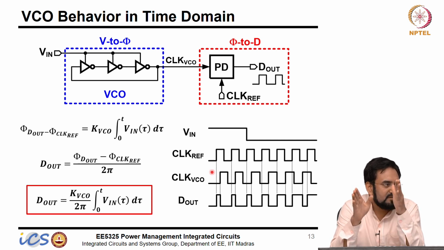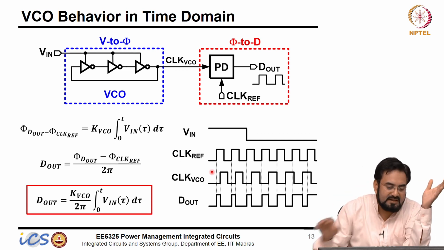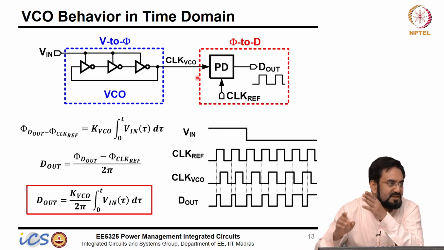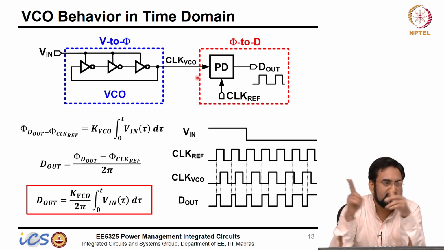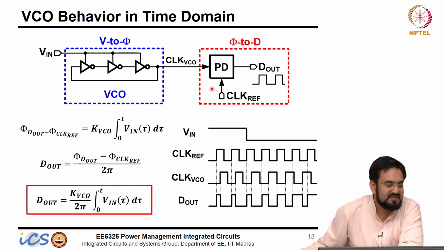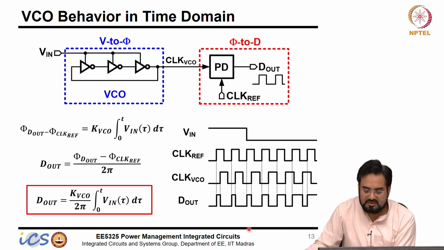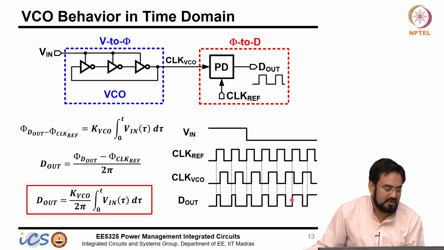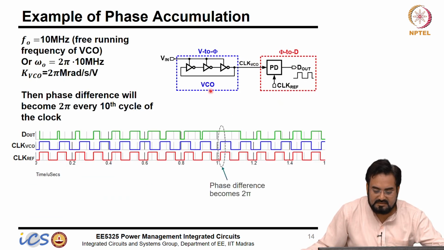So every cycle the phase difference between the reference clock and this VCO clock will keep changing, and that will get translated into a pulse width. Phase difference is nothing but a pulse width. So what you get here is the duty cycle output, that's it. And this is how your phase gets accumulated.